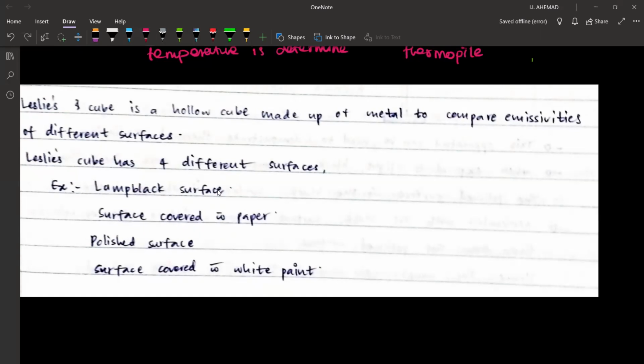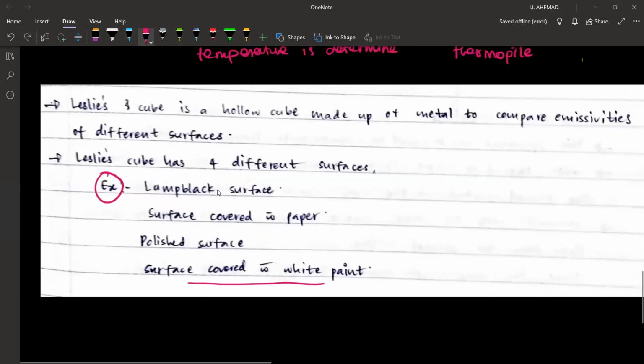Then we have a very well polished surface, where the radiation is going to be very low. And then we have a surface covered with white paint. So this is an example: a Leslie's cube has four different surfaces. Just note it down quickly.